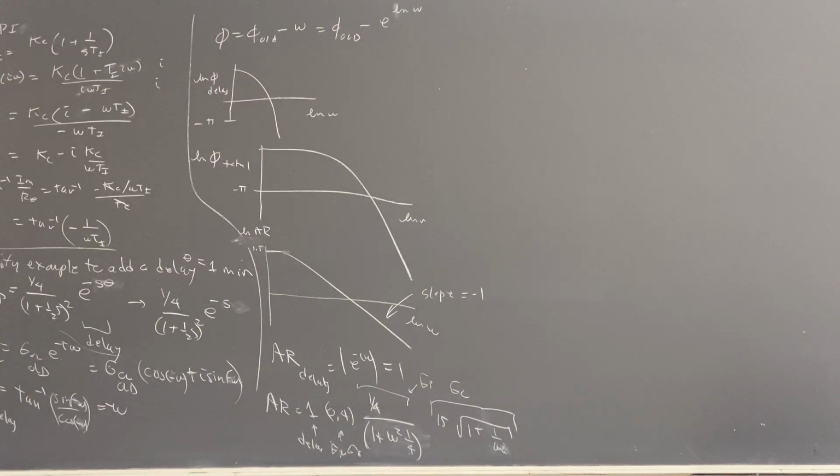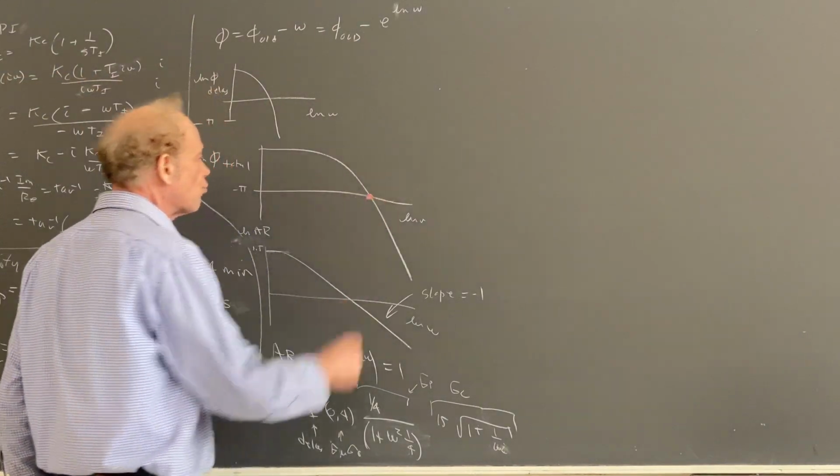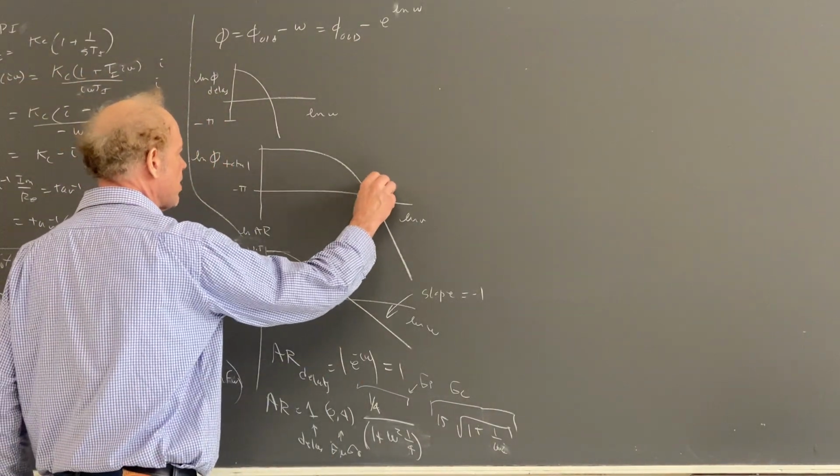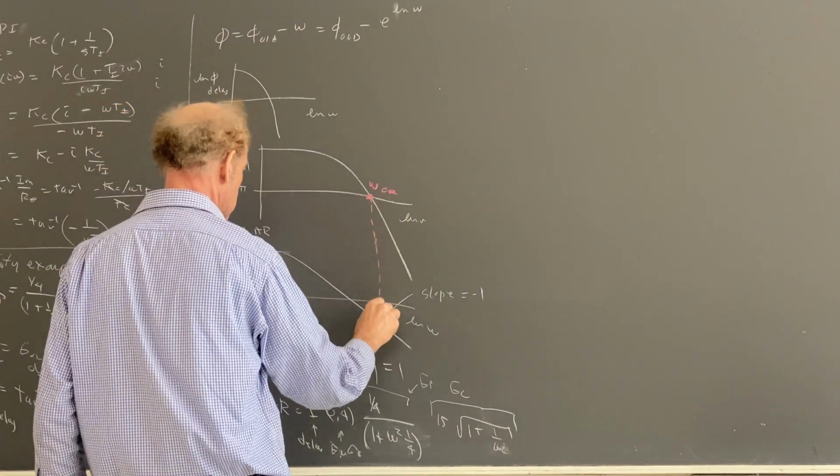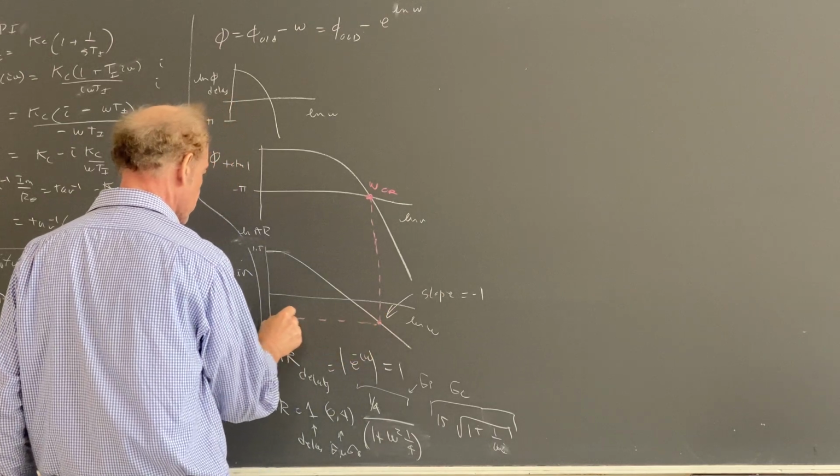Okay, so what happens when we do our Bode stability analysis? This thing crosses minus pi. This becomes omega critical. And then I look to see what this number is.